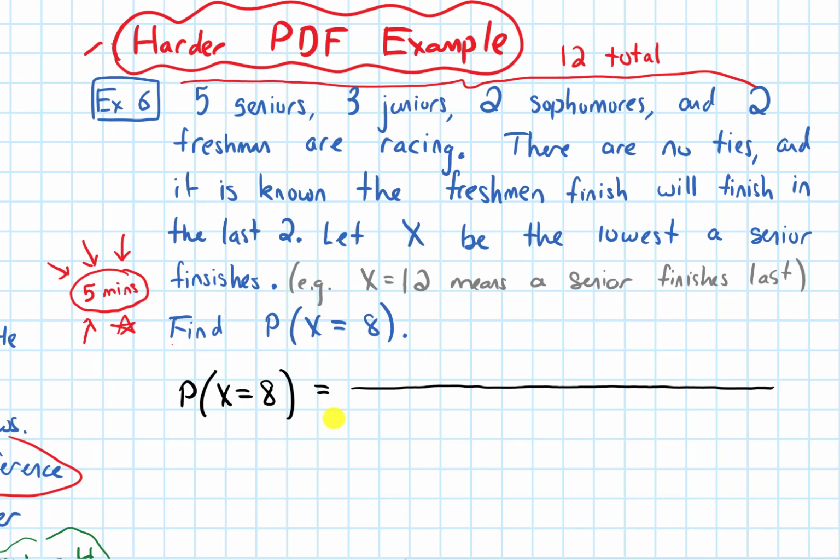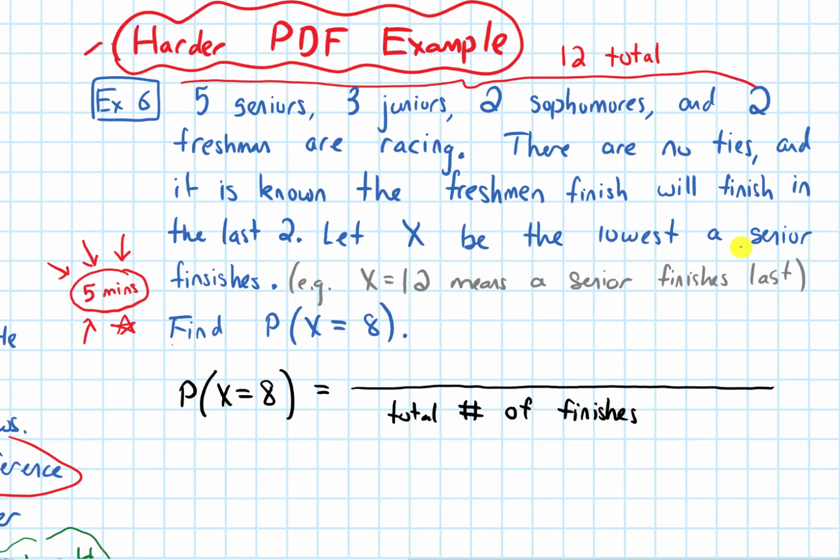On the bottom, I need to count the total number of outcomes, which in this scenario is the total number of finishes, the total number of ways that we could order these runners. And on the top, I need to count the number of successful outcomes, which in this case is if X equals 8.